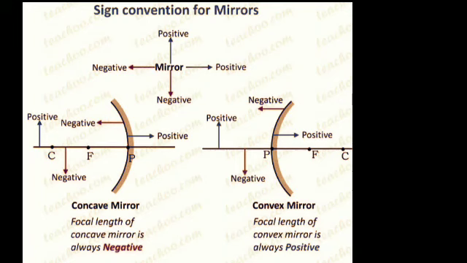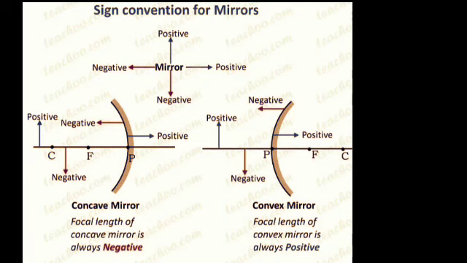All distances parallel to the principal axis are measured from the pole of the mirror. All distances measured towards the right of the pole are taken to be positive, while those measured towards the left are taken to be negative, like a graph. In algebra, we have studied this.